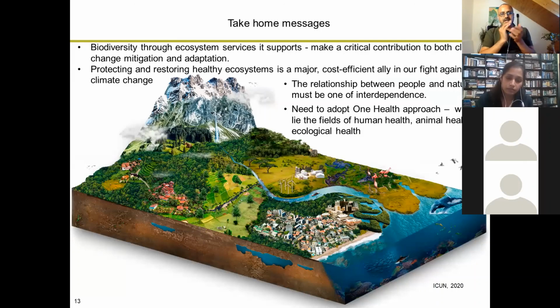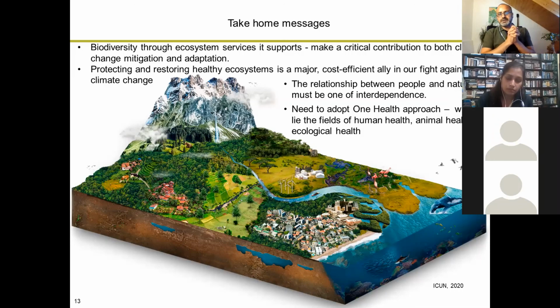We're hoping that as we are in the decade of restoration for the UN and IUCN, all countries could get together and contribute to the restoration of ecosystems by conserving, preserving, and assessing the biodiversity resources they have, then putting the resources to conserve those biodiversity resources.